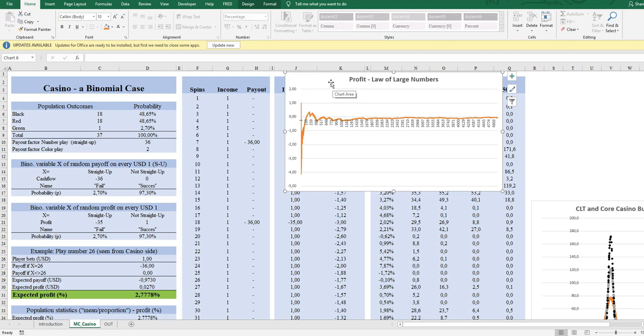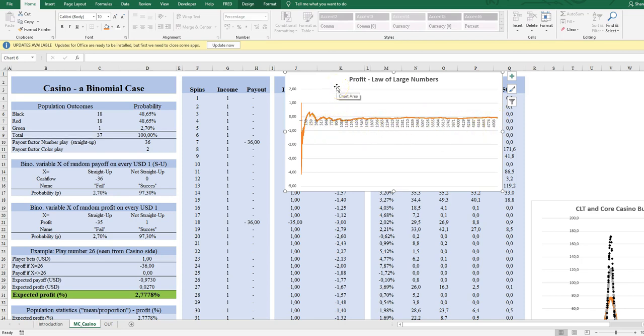And it says that the distribution of the average profits is normal, with a standard deviation dependent on the number of spins.